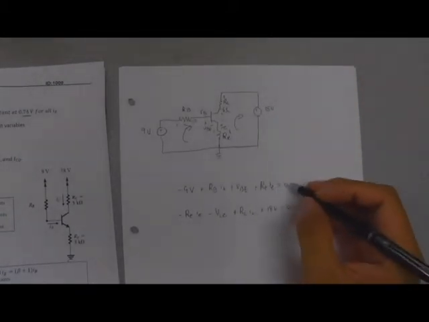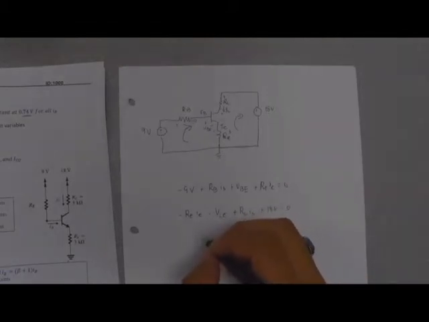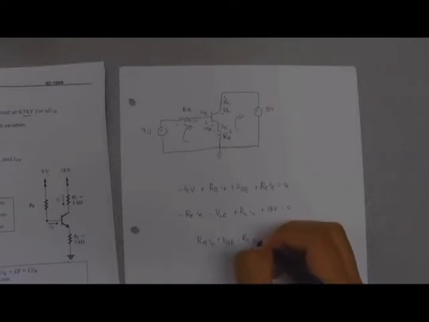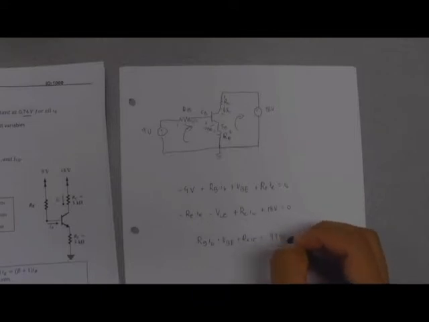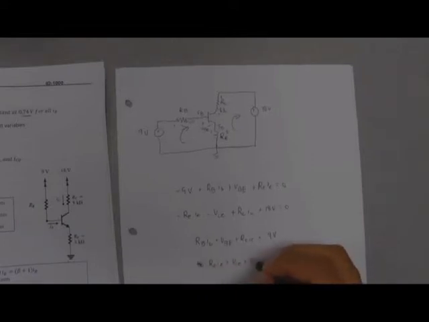And then, of course, rearranging this around, you have RB, IB, plus VBE, plus RE, IE is equal to 9 volts, and RE, IE, plus VCE, plus RC, IC is equal to 18 volts.